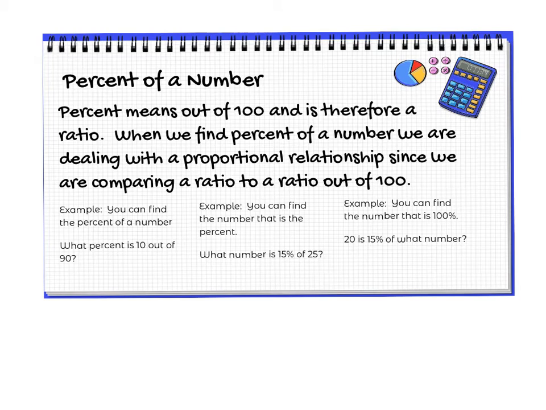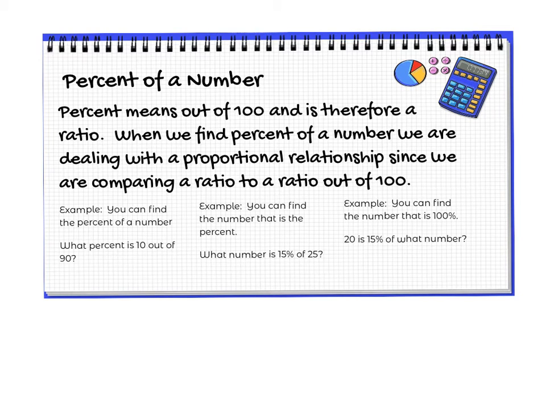Or you can find the number that you started with. 20 is 15% of what number? When would you want to do that? I have $20, and I know that's 15% of what I need.